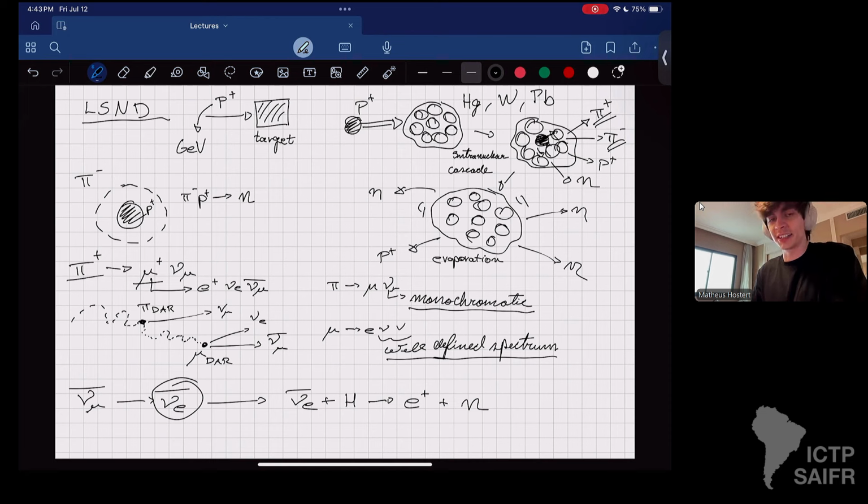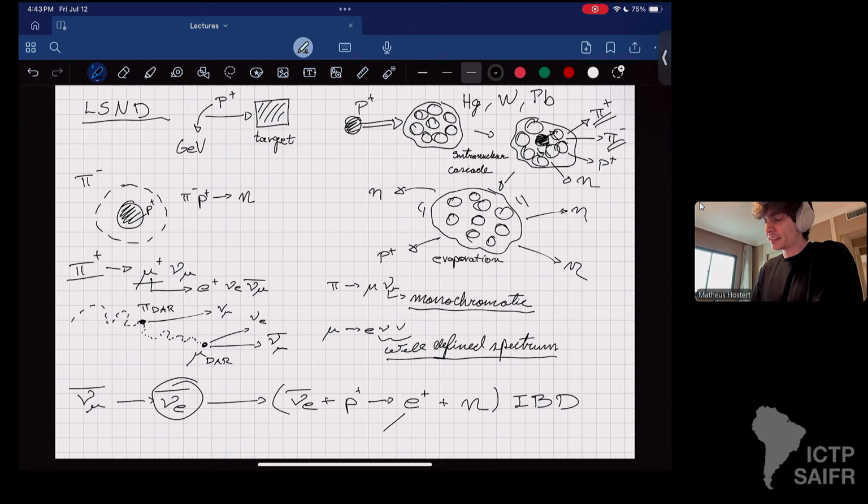Here I'm saying hydrogen because I want a proton that is not bound. If it was bound, this proton binding energy actually makes this process less likely and often fully forbidden. So typically you want to have hydrogen inside of your detector in order to enable this reaction, which we know is called inverse beta decay.